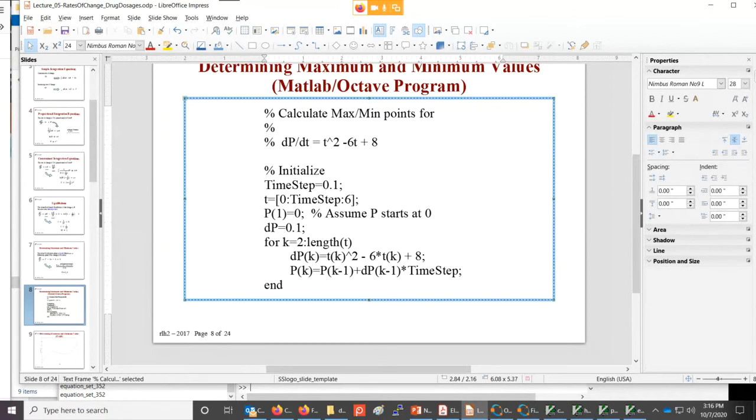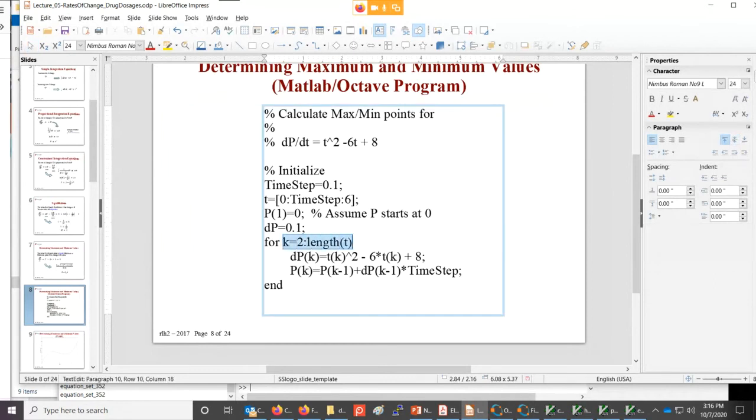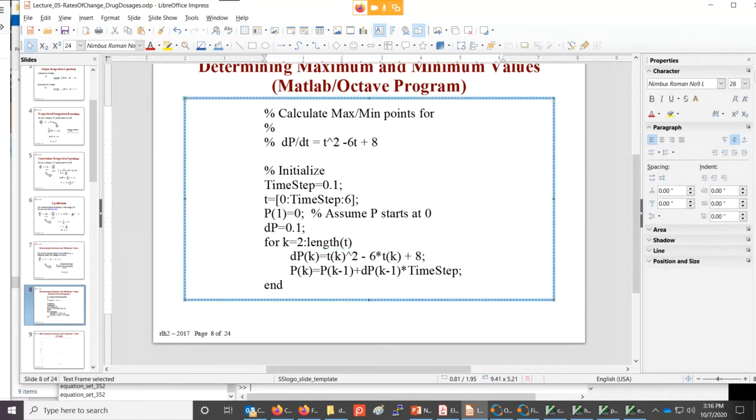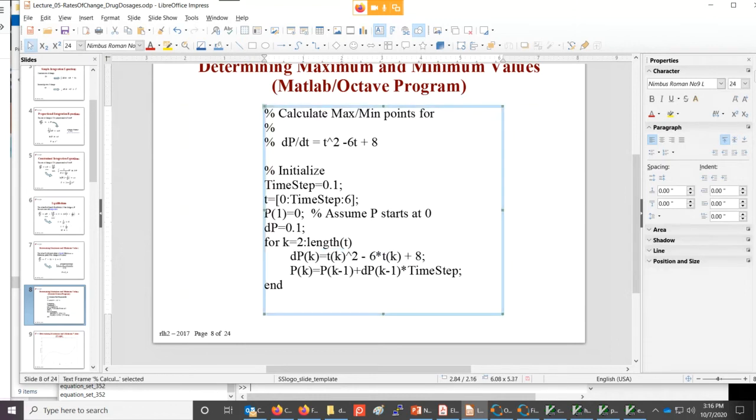Okay. But what we're doing here is we have our for loop, which we're going to integrate. But before we integrate, we're actually going to evaluate the derivative each time. The reason that we do that is that we don't know what the rate of change is until we know what the current value is. So remember, if the population is dependent on itself, as the population increases or decreases, it's going to change how fast the population is going to change.